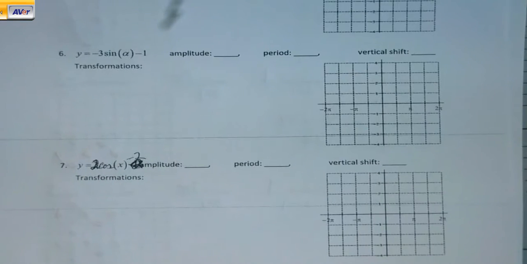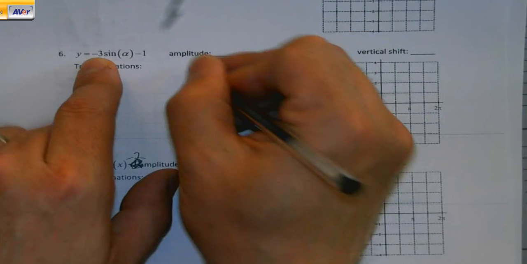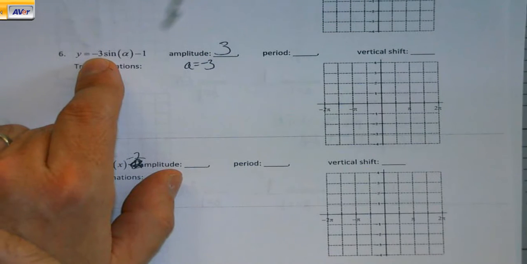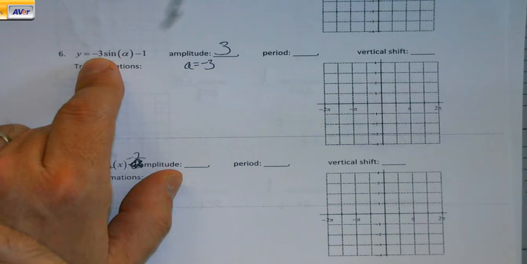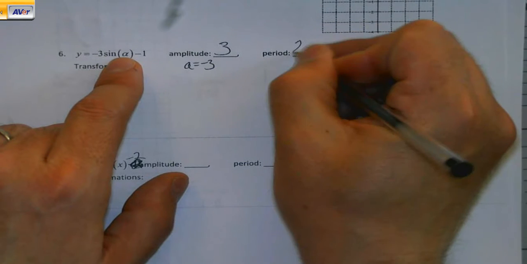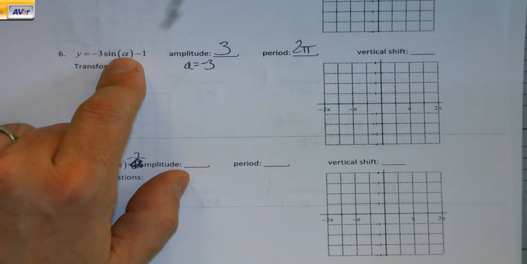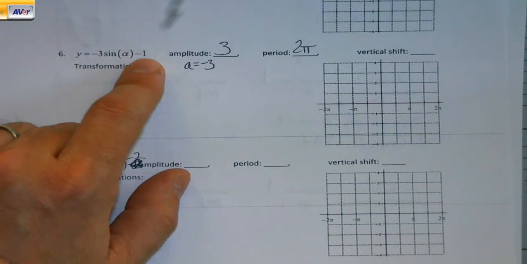All right, if we go to number 6, I look in front, I see my a value is -3, but I remember that doesn't mean my amplitude is -3, because amplitude is always positive. It's the distance from the middle of my graph to my max or my min. My period has still not changed, and it won't change until we get to the worksheet, so we will be there in a minute.